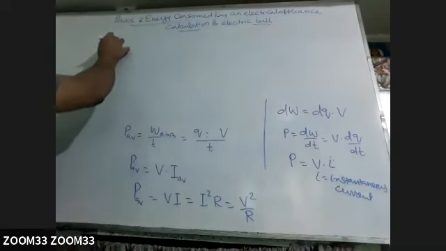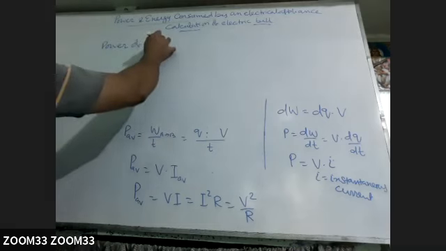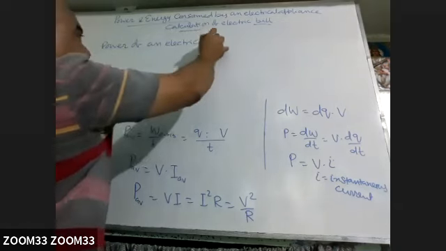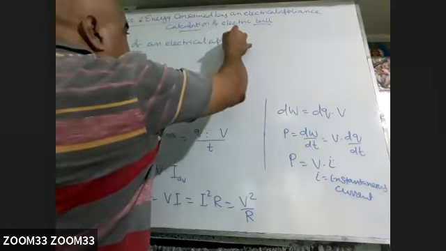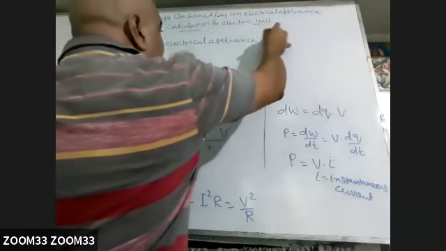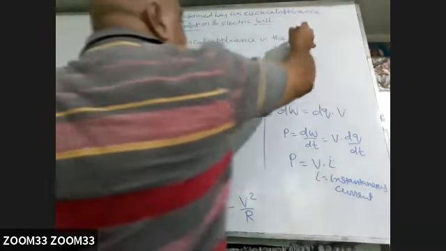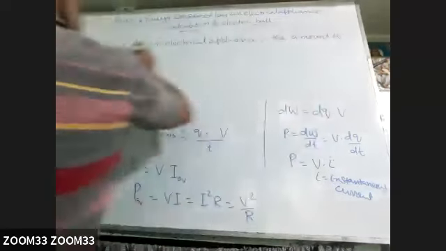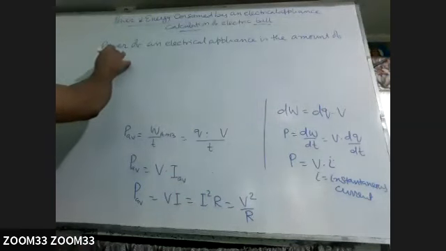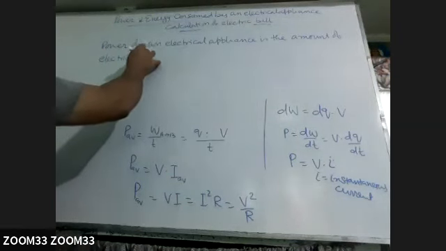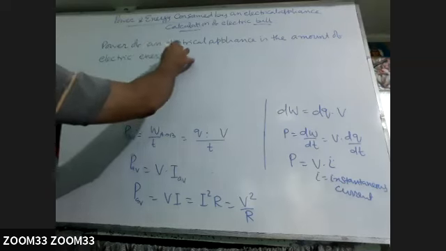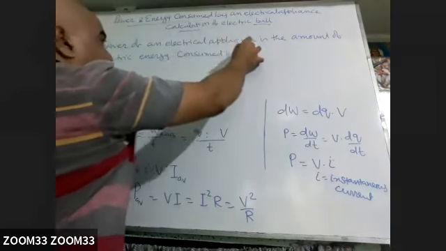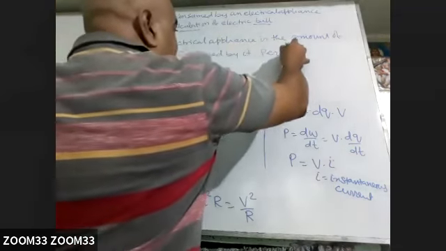So power of an electrical appliance is the amount of electric energy consumed by it per unit time.